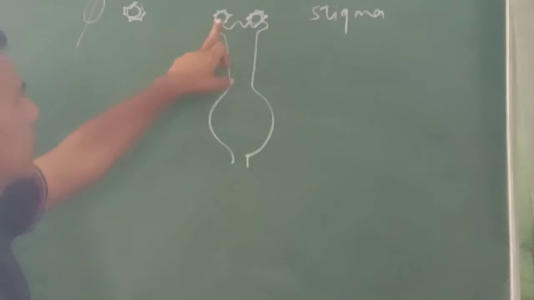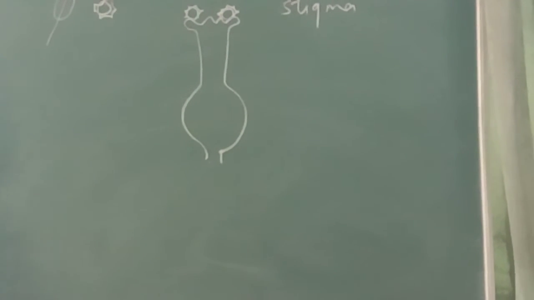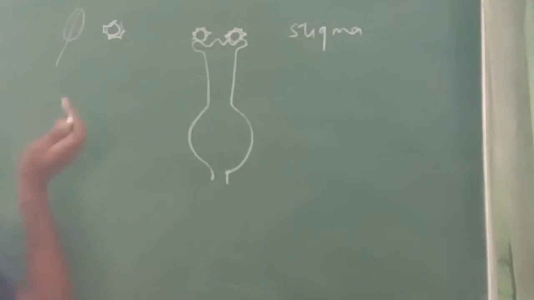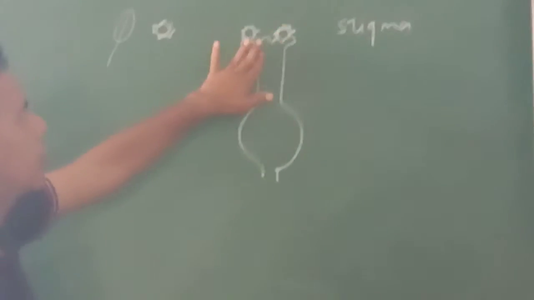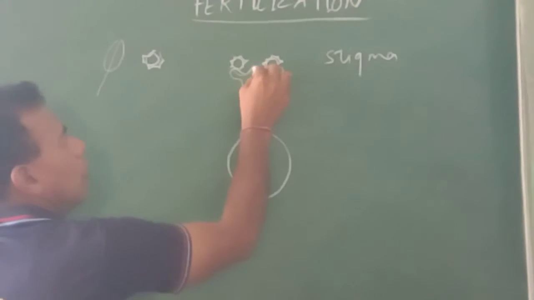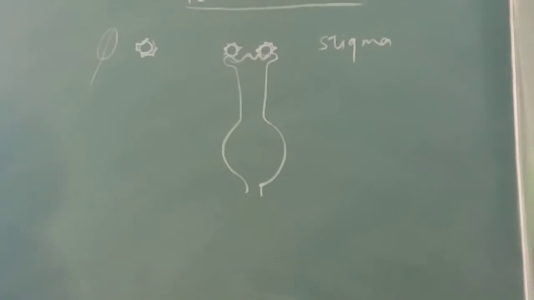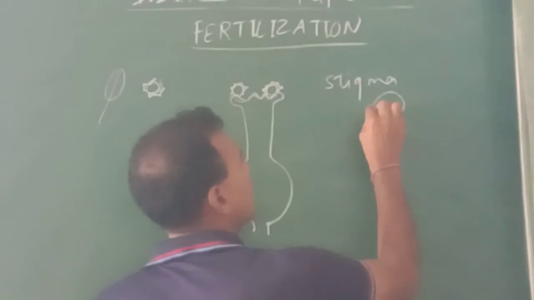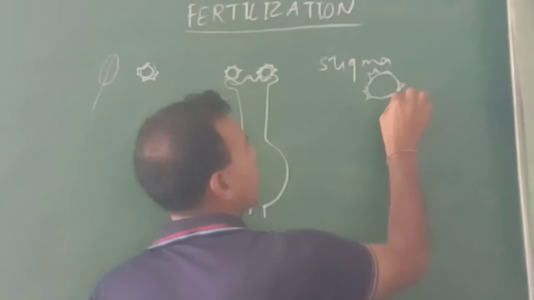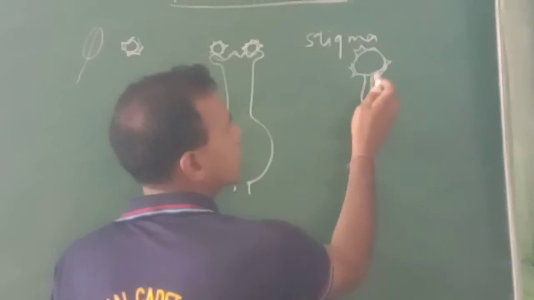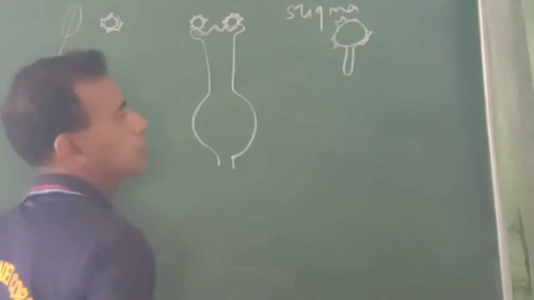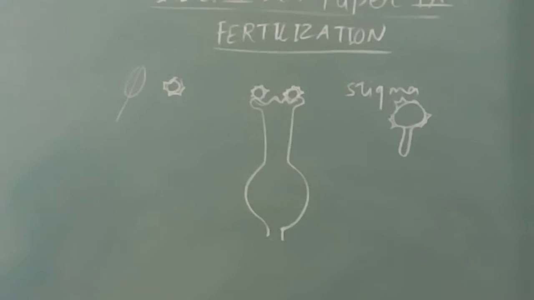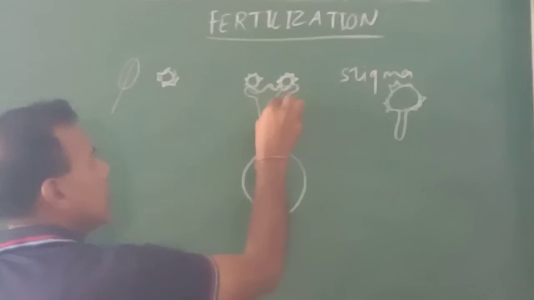The first process in fertilization is the enlargement of these pollen grains, which absorb moisture from the surface of the stigma, and then these pollen grains germinate. The germination takes place in the form of a pollen tube which comes out through the germ pores present in the pollen wall. The pollen tube enters the style.